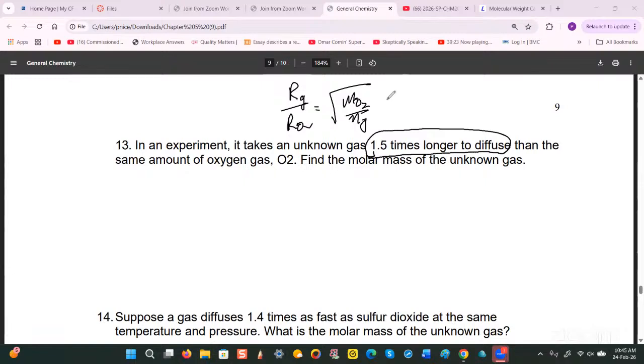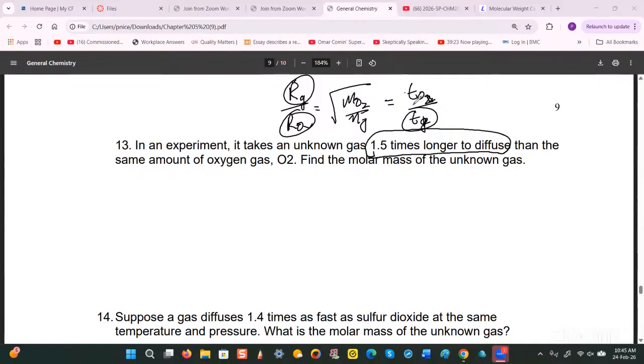So I can add another piece right here, which says that the time of effusion of oxygen divided by the time of effusion of the gas is equal to all this, right? Because of the inverse relationship between the rate of effusion and the time of effusion.